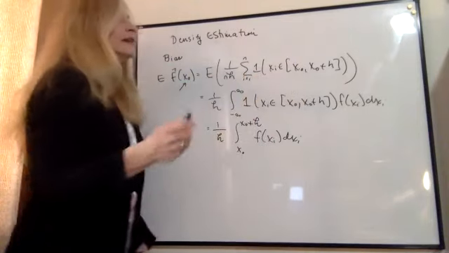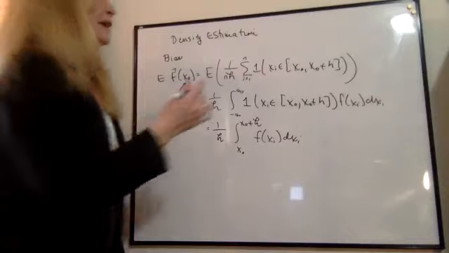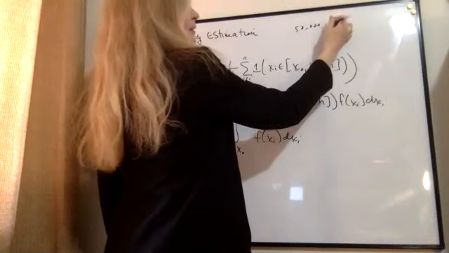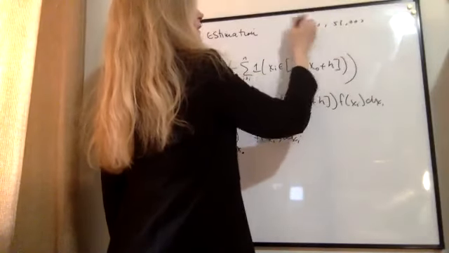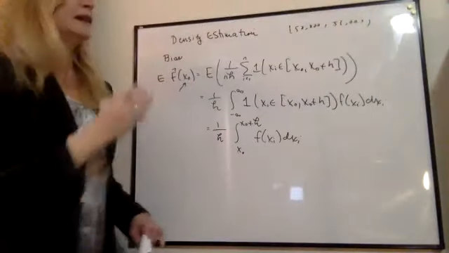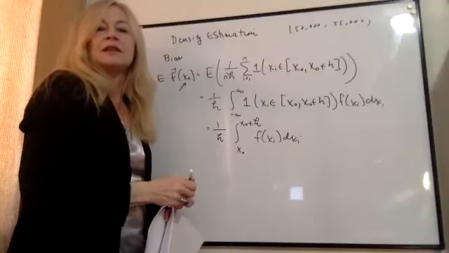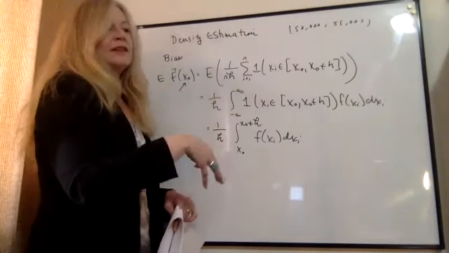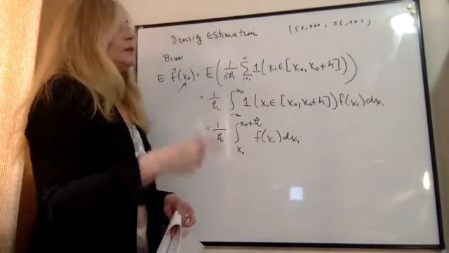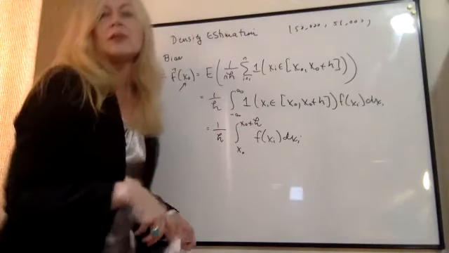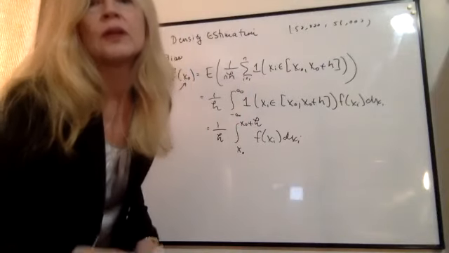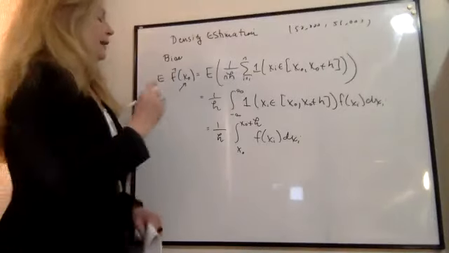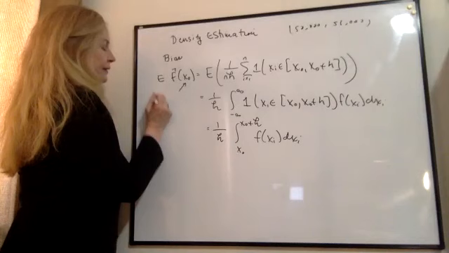Let's say I had earnings data and my x naught point is 50,000 and my h is 5,000. Then I would be looking within this interval: how many people have earnings in the range of 50,000 to 55,000? If I change it to 100,000, then it would be 100,000 to 105,000. So different numbers of people could be in those different intervals. So I can get different estimates.